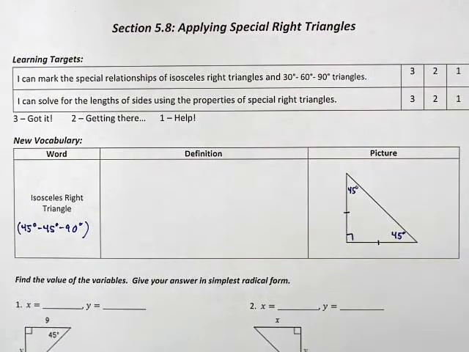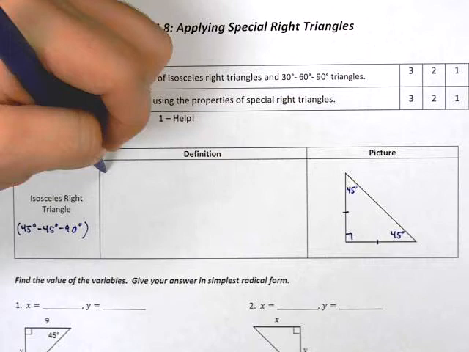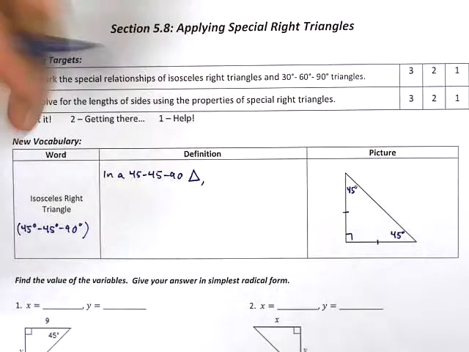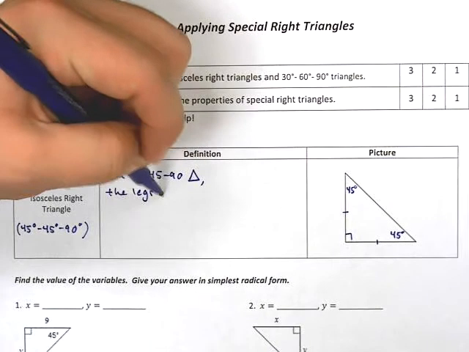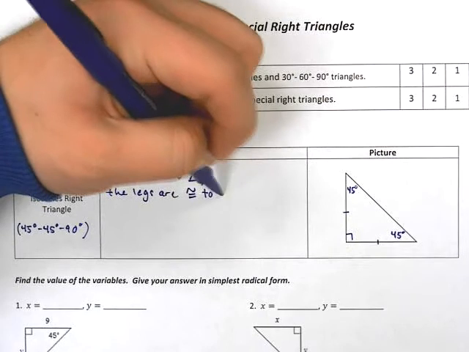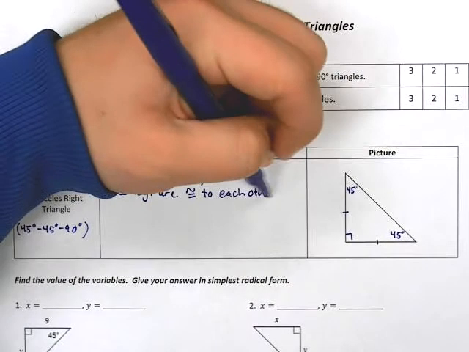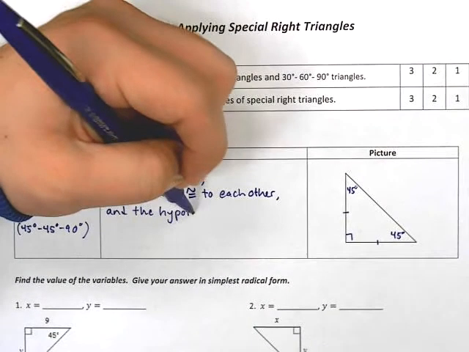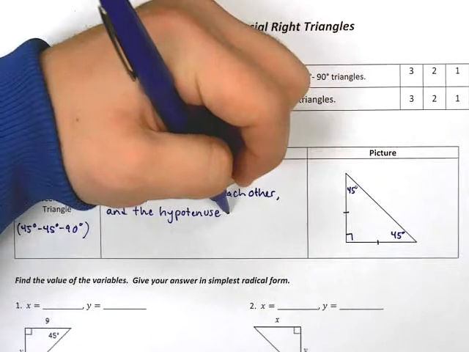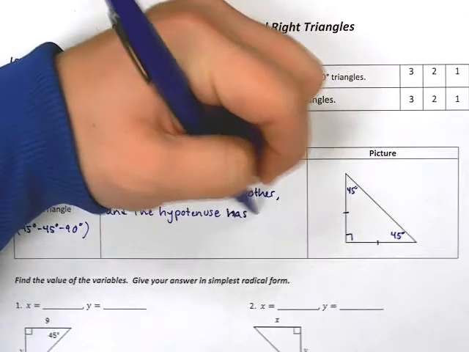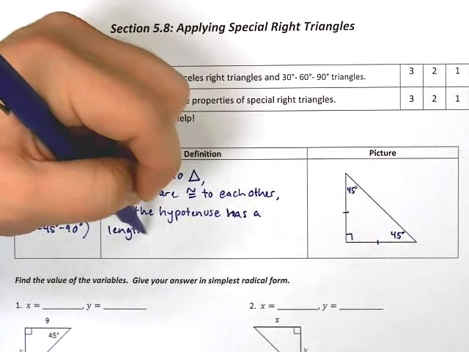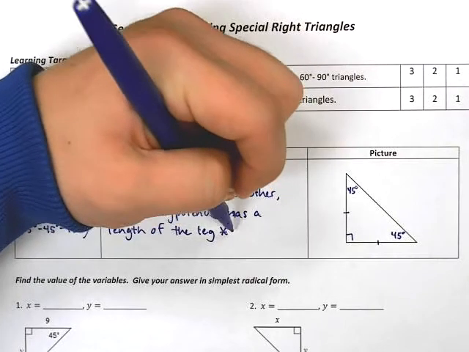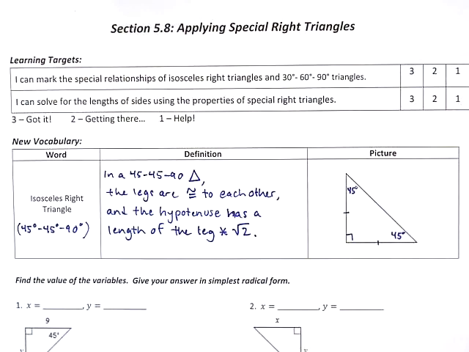Basically, in a 45, 45, 90 triangle, the legs are congruent to each other, and the hypotenuse has a length of the leg times square root 2. Leg times square root 2.